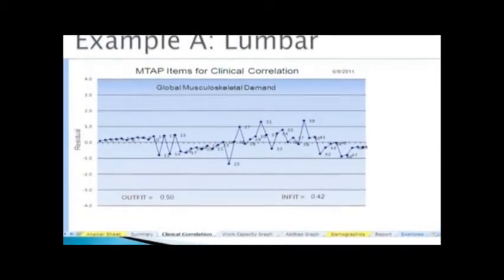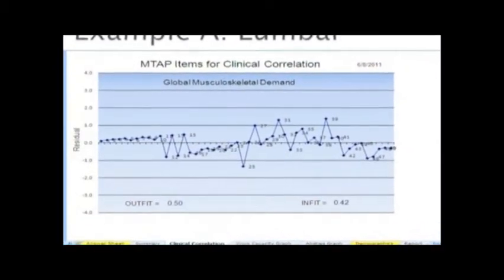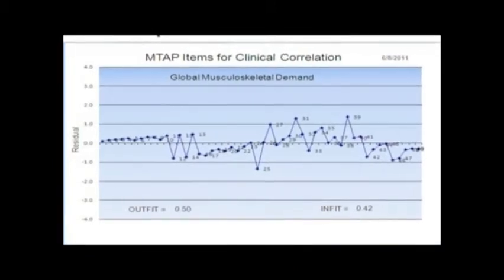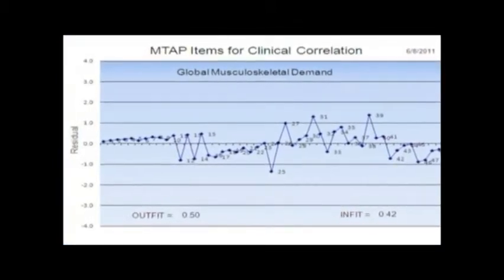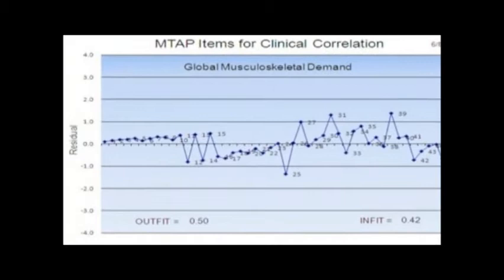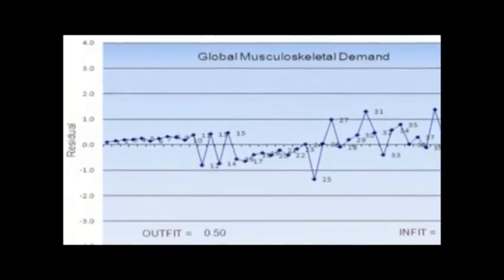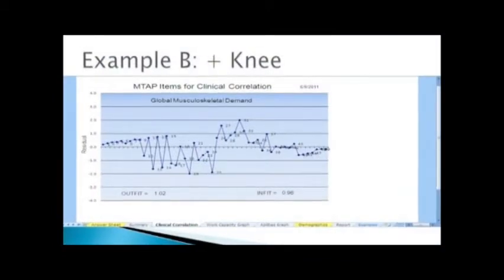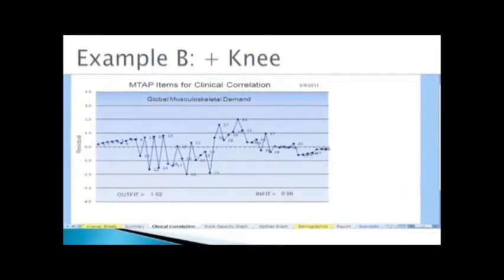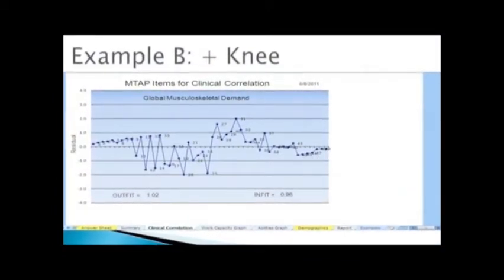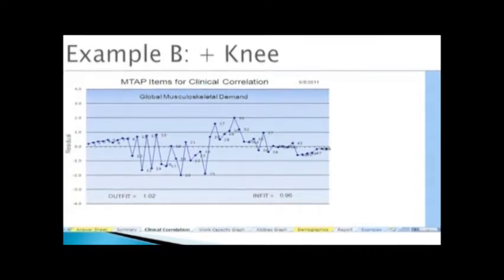But for now, let's take a look at how increasing the complexity of the case changes the residual scores. Look at item 31. The residual score is slightly over 1.0. Now let's add a knee injury to the lumbar injury and see that item 31's residual is up about 2.0.